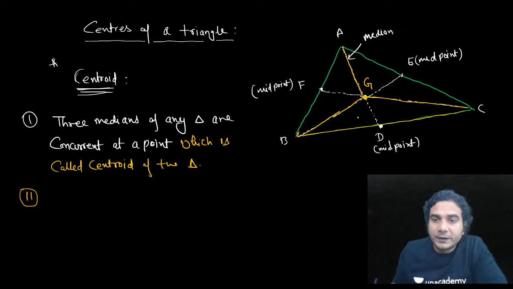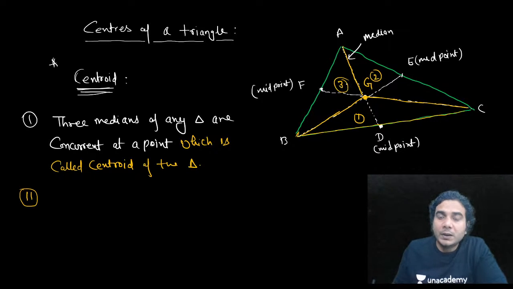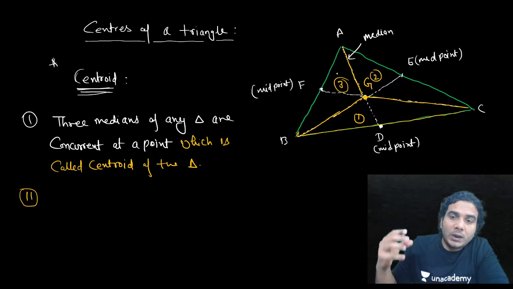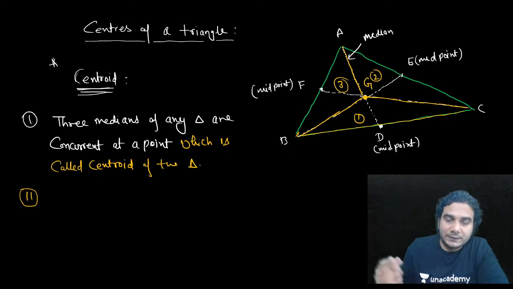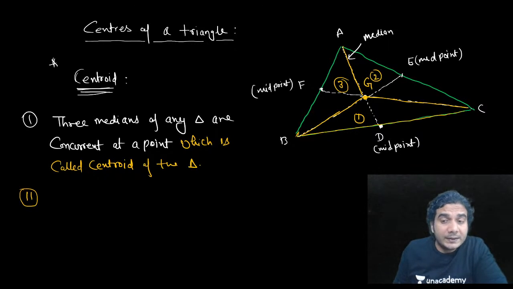We say that centroid subtends equal area on all three sides. It means that the area of triangle GBC is equal to the area of triangle GCA, which is equal to the area of triangle GAB.